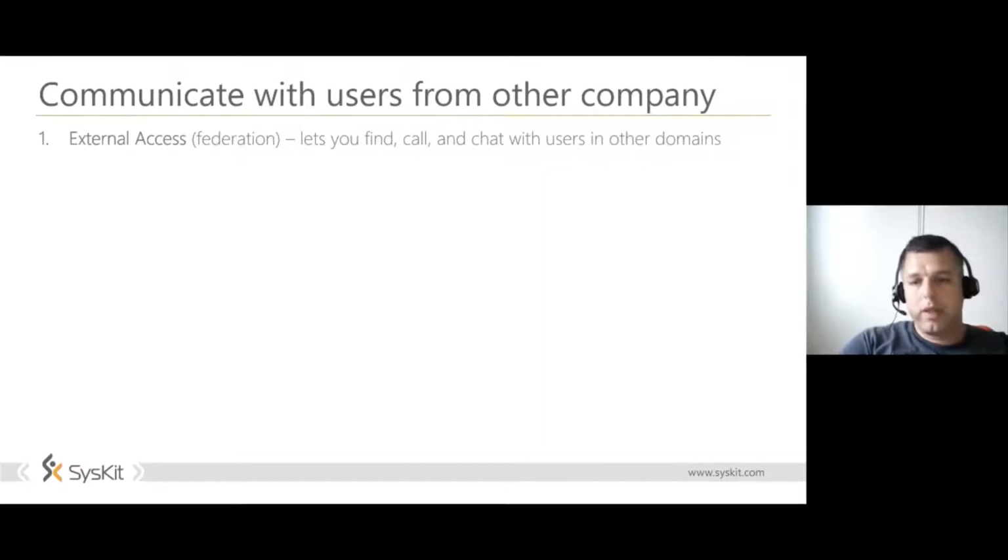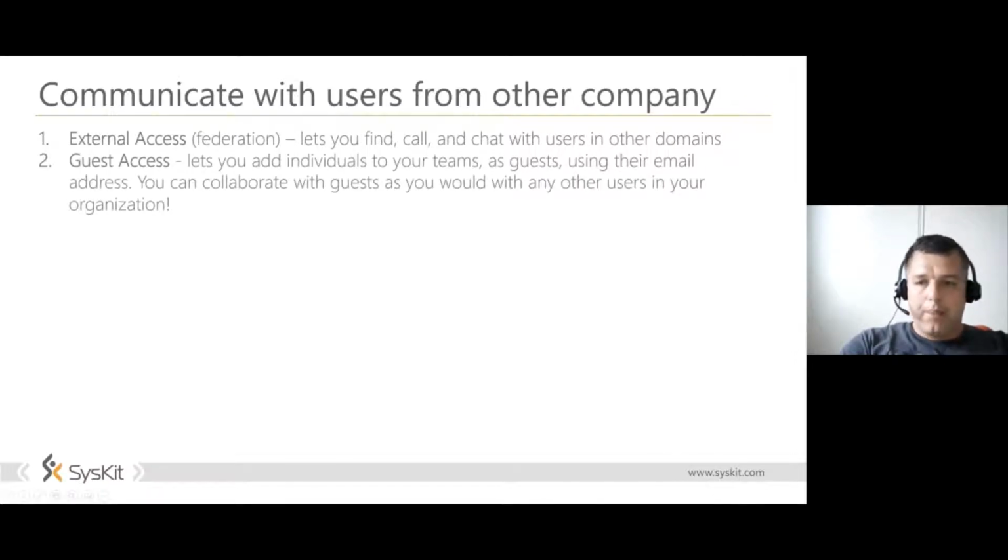If you want external users to have access to teams and channels, then guest access might be a better way to go. Use guest access if you want to add a user to a team where they can chat, call, meet, and collaborate on organization files that are stored in SharePoint or OneDrive.